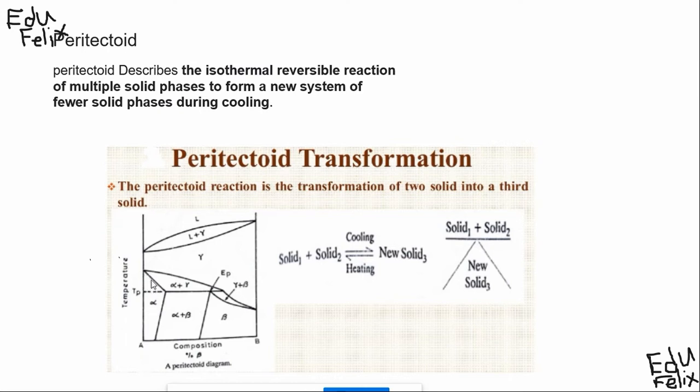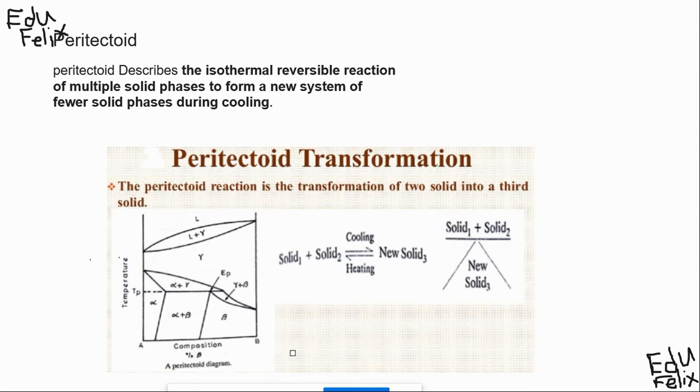So in this boundary, if you draw a line vertically, for example from here, at this point you can identify what amount of alpha there is and what amount of A and what amount of B. If you cool it to a temperature like here, you have only alpha phase, alpha solid.